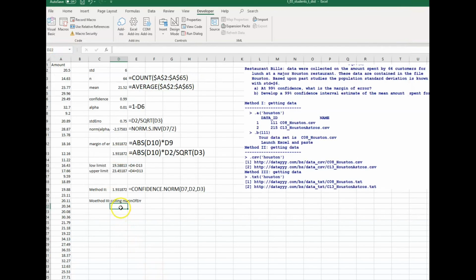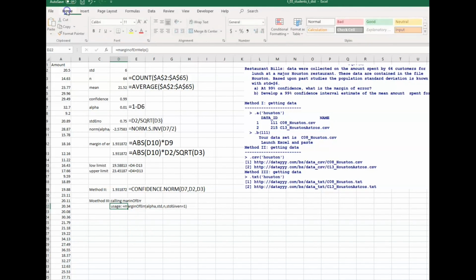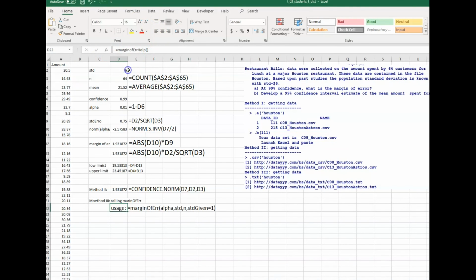The first one is called, so equal margin of error help. There's no input. It shows the usage of this specific function. Then I'll type margin of error.